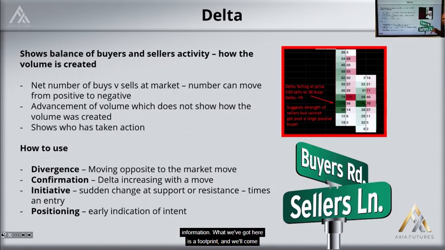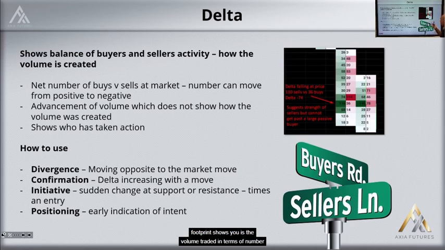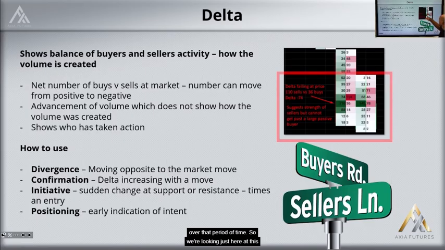What we've got here is a footprint, and we'll come on to footprint when we do order flow. But this gives a good illustration of how exactly delta gets created. What a footprint shows you is the volume traded in terms of number of sells at that price versus number of buys at that price over that period of time. So we're looking just here at this little dark green area with a lighter red next to it.